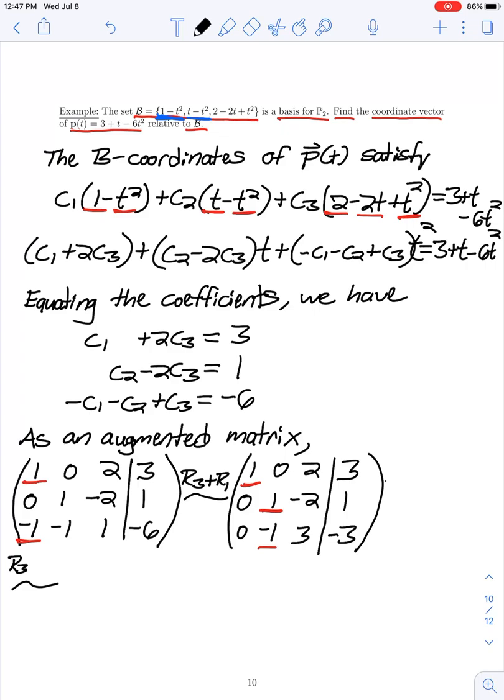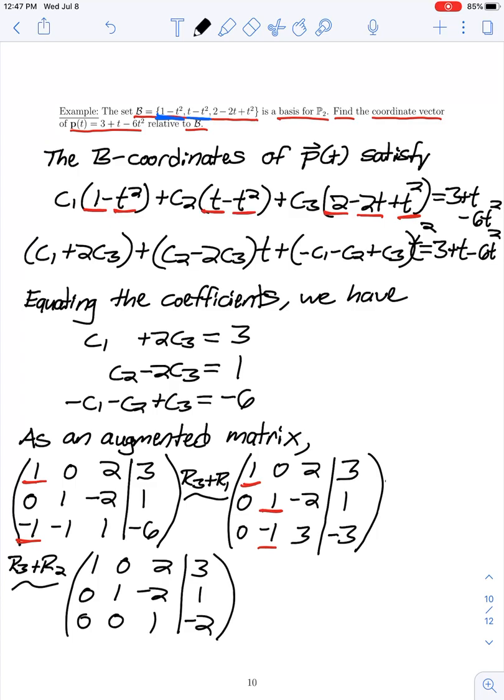Taking row 3 plus row 2, my first row remains 1, 0, 2, 3. My second row is 0, 1, negative 2, 1. And my third row becomes 0, 0, 1, negative 2. All right. So we're almost done.